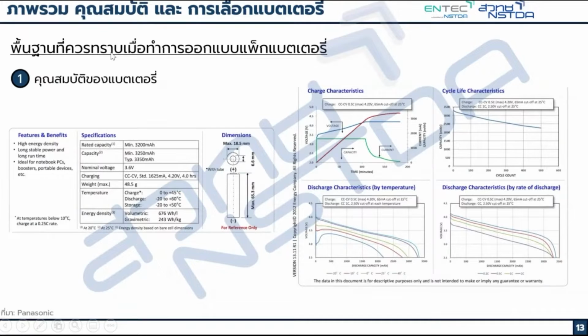Here are the foundations when we choose different types of battery. The battery doesn't like to stay in the heat, so the temperature needs to not be too high, maybe 40 to 50 Celsius.